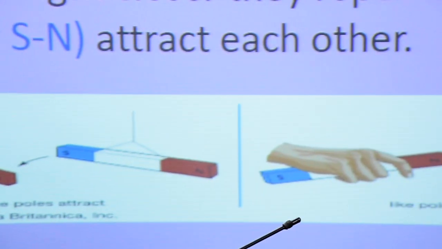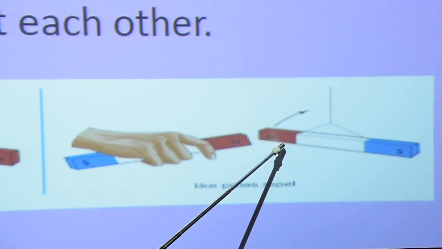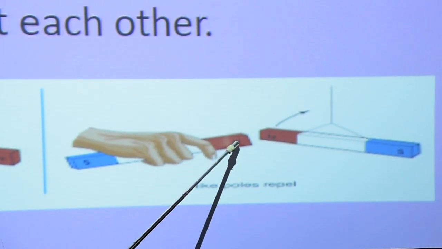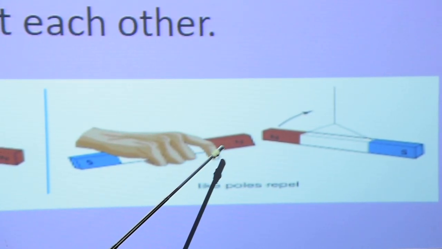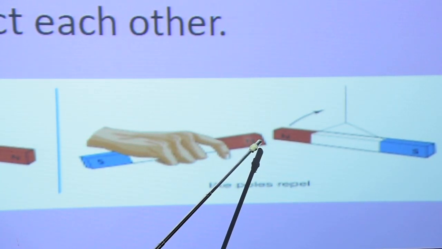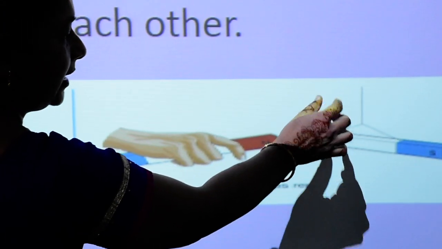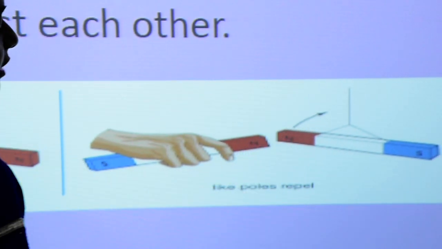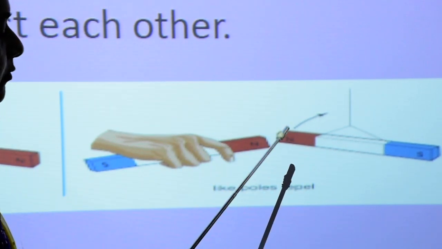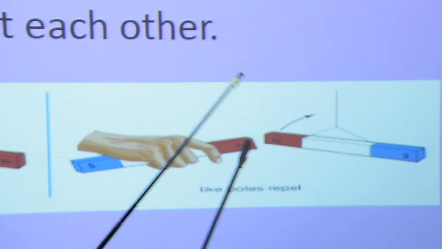On the other hand, when we bring the north pole of the magnet in our hand near the north pole of the hanging magnet, they will repel because they are like poles. The bar magnet hanging from the thread will move away and take another position because they are repelling each other.